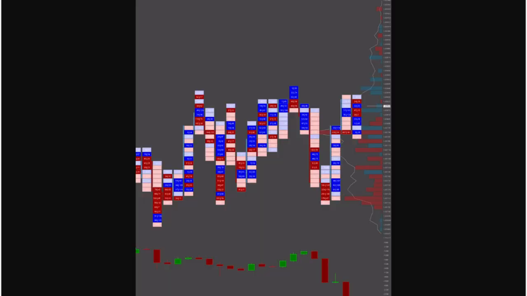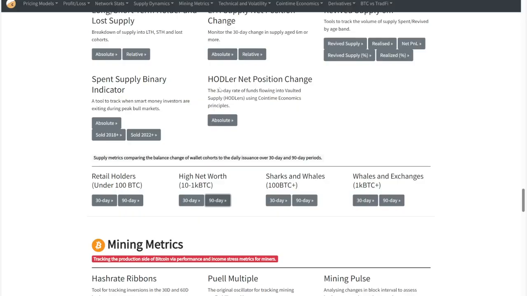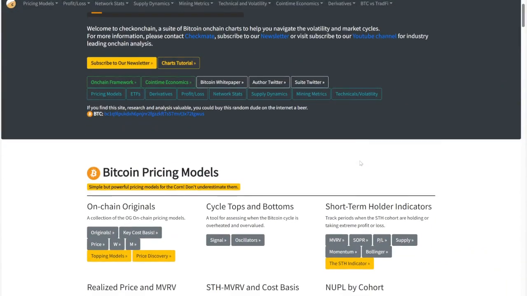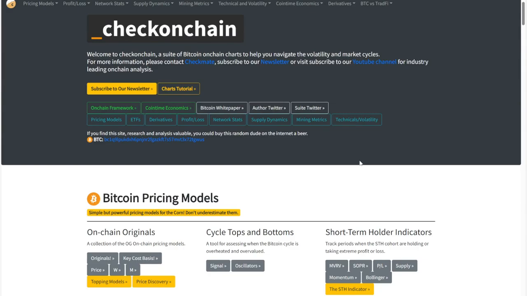So we go to this platform. I really advise that you take a look at this platform, and I will make it easy for you. Okay? This platform is free. It's called Check on Chain. I was extracting this data with a lot of effort before and paying for it from Glassnode. You know Glassnode. It was costing a lot.